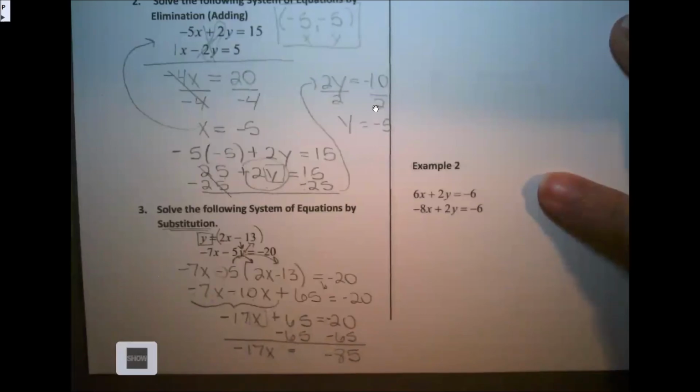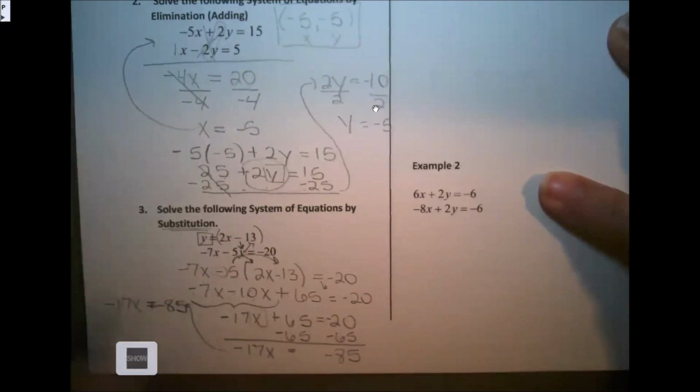The last thing you need to do is divide, and I'm going to rewrite this over here because I'm, again, a little bit out of room. So I've got negative 17x equals a negative 85. Let me get rid of that so you can see it.